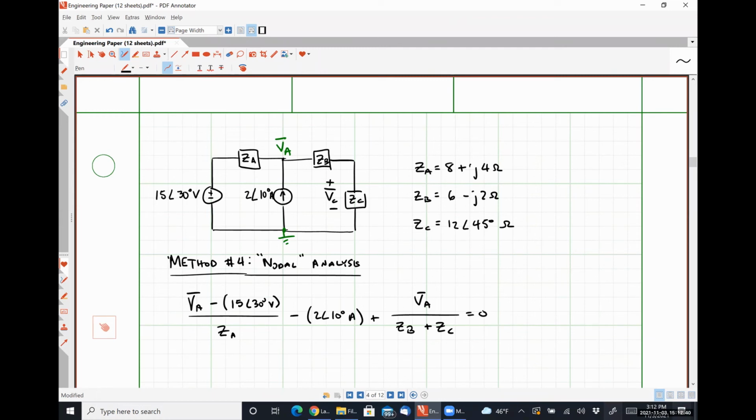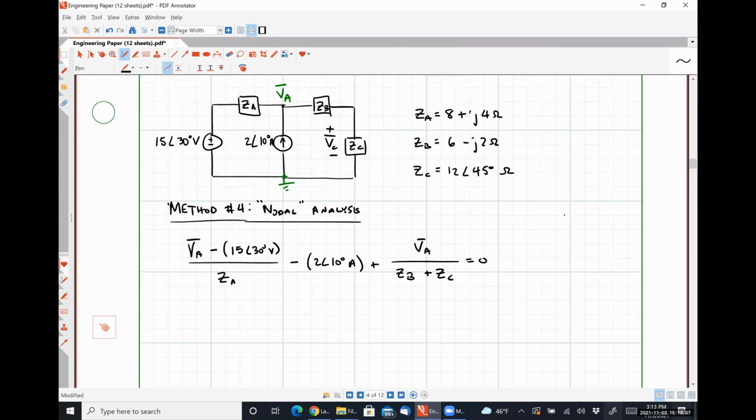So effectively what I'm doing here to get away with having to set up a system of 2 equations and 2 unknowns is combining those 2 impedances that are in series into a single impedance, which allows me to calculate what that voltage VA will be in a single step. Well, I'm going to have to do some algebraic manipulation, but at least I have a relationship in 1 step, right?